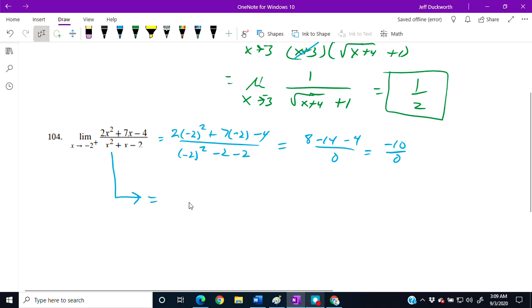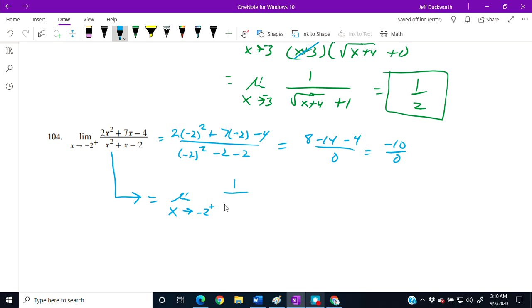So this equals the limit as x approaches -2 from the positive side. I can factor that denominator into an x minus 1 and an x plus 2. Now the x plus 2 is the bad part.